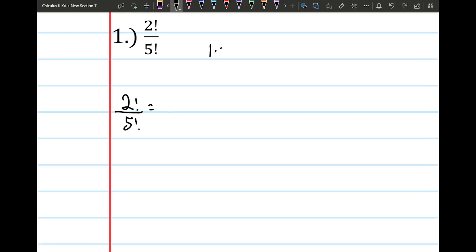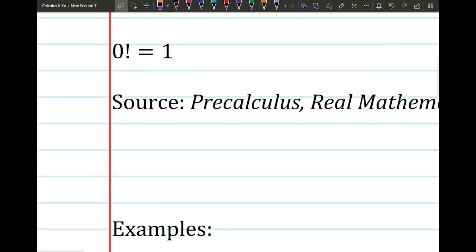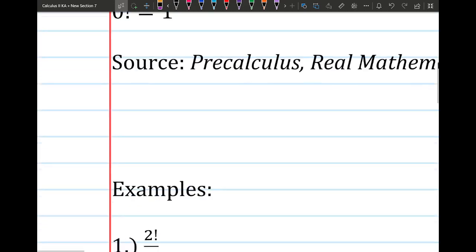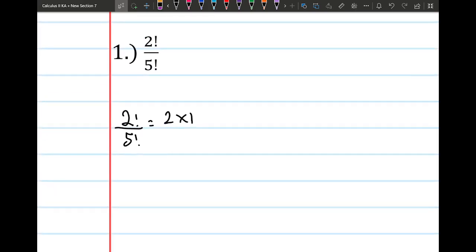Sometimes they do 1 times 2 times 3 times ... and others go backwards, like 2 times 1 times whatever. So I'm going to do it in the elementary, basic way. Here we're just going to do 2 times 1, because for any number that's factorial, you either increase or decrease to that number.